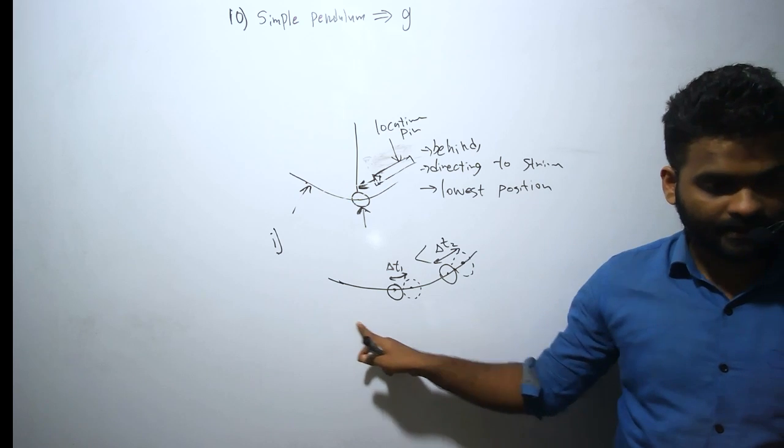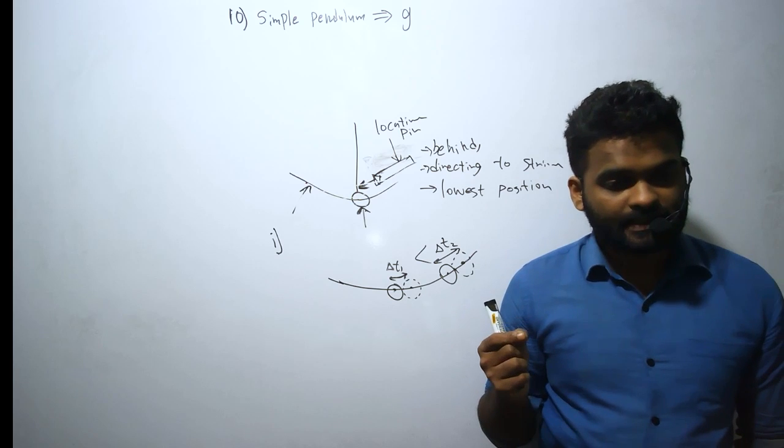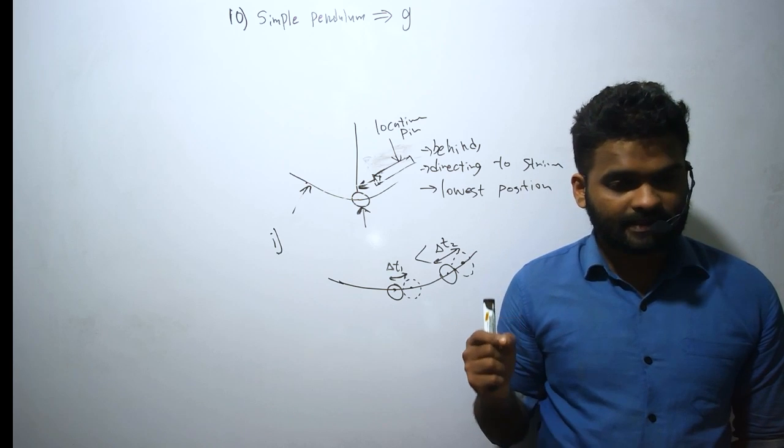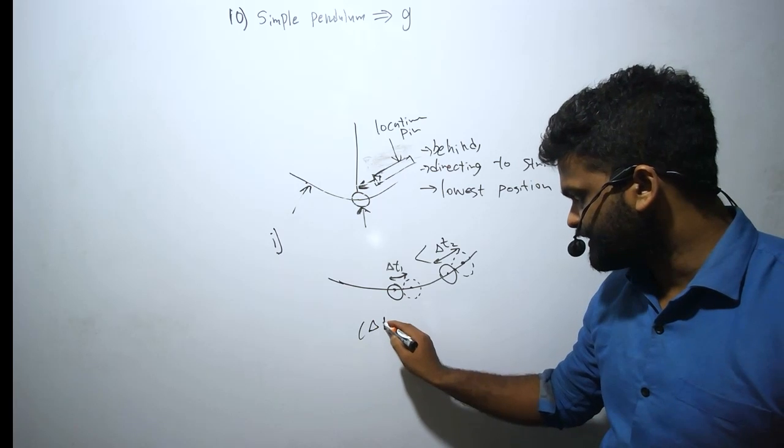Okay, write down: error due to uncertainty within brackets, delta t.